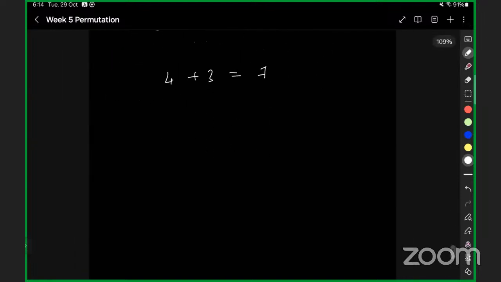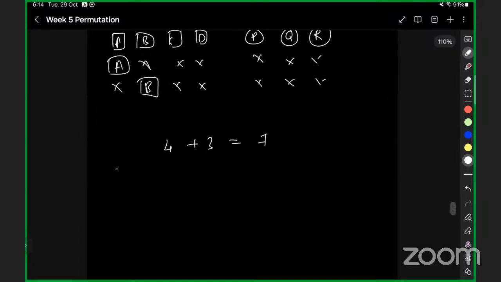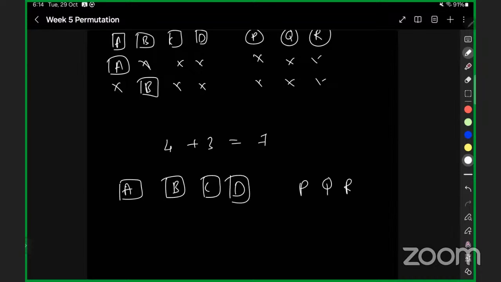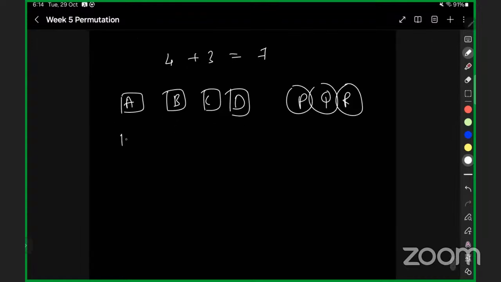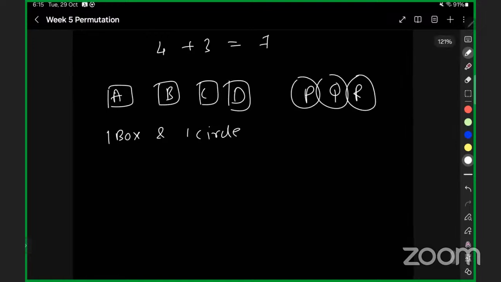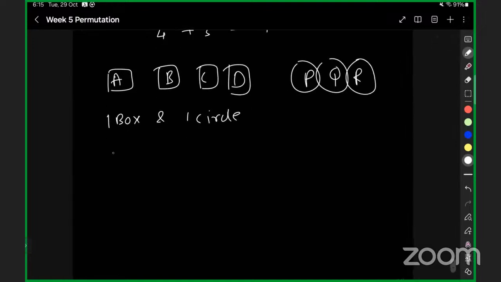Then same thing, if I had the same amount of things, let's say A, B, C, D, and so if I tell you that you can choose one box and one circle, then what will you do? Let's say you have to choose both of them, one of each.